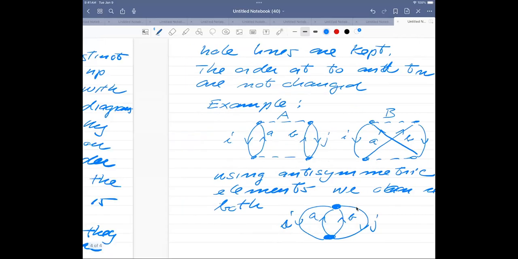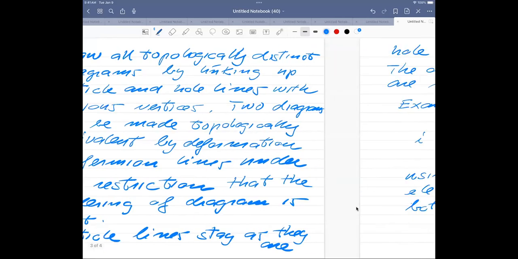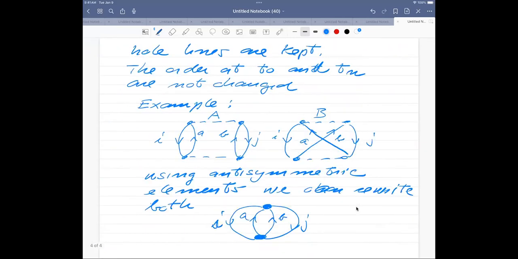So if you look at the rule here, by linking up particle and hole lines with various vertices, they can be made topologically equivalent by simply the deformation of fermion lines under the restriction that the ordering of the diagram is kept. So the ordering here is kept. In this specific case, we are deforming A and B, which reflects the fact that we have anti-symmetrized matrix elements.